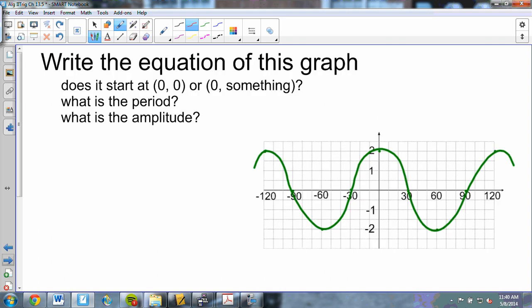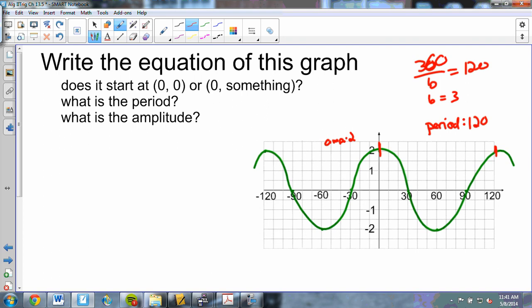Finally, we can do the opposite. If you're given a graph over here, well, the period is from here to here. So the period is 120, which means the B value is 3. The amplitude is 2.